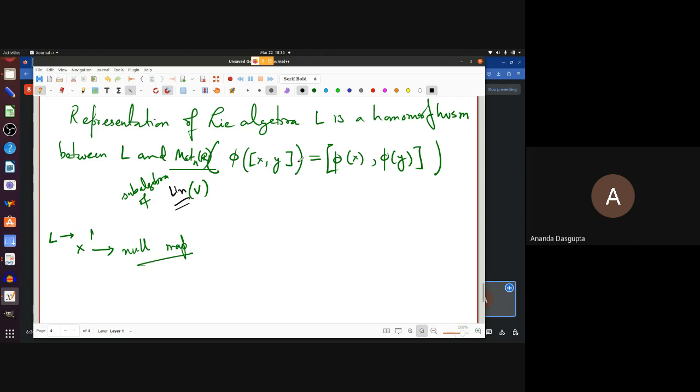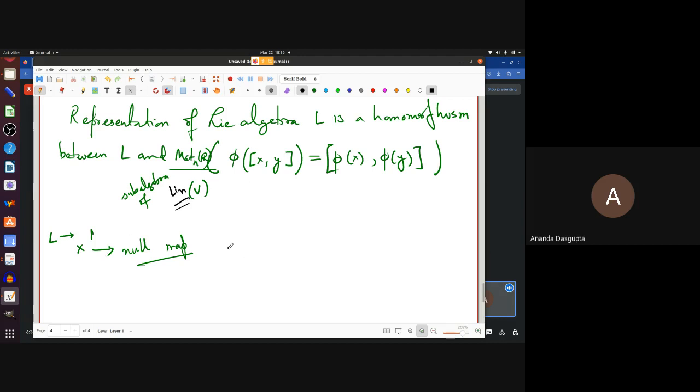Remember, on the left-hand side, you're taking the bracket. The bracket could be non-trivial; it does not necessarily have to be 0. But when you apply phi on this, you get the null map. On the right-hand side, you get the commutator of two null maps, which is, of course, a null map. Okay?